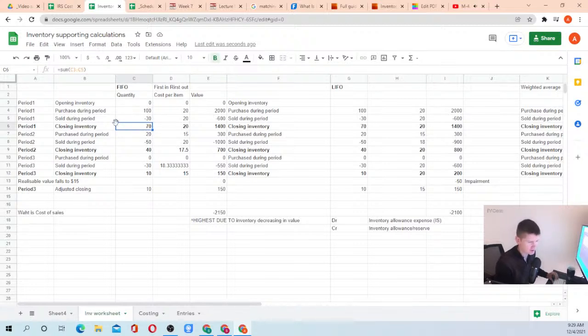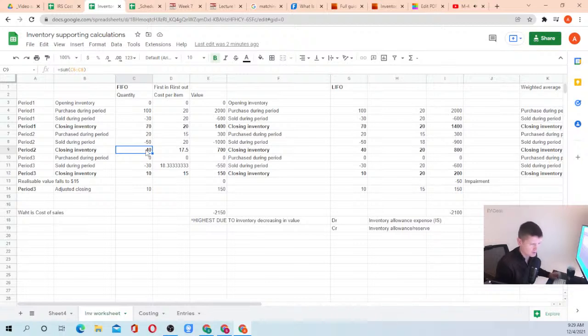The actual items which you sell can be different. You can actually pick up some of these $15 items. These are all the same items. The essence of the product is the same, but you paid different prices to the supplier. When you sell those 50, you could have picked up some of these and some of those, but you use the cost flow assumption FIFO. So in your accounting, you use $20 until all that 100 is exhausted.